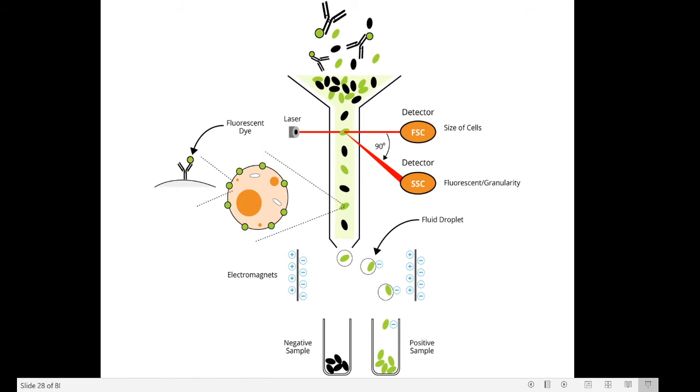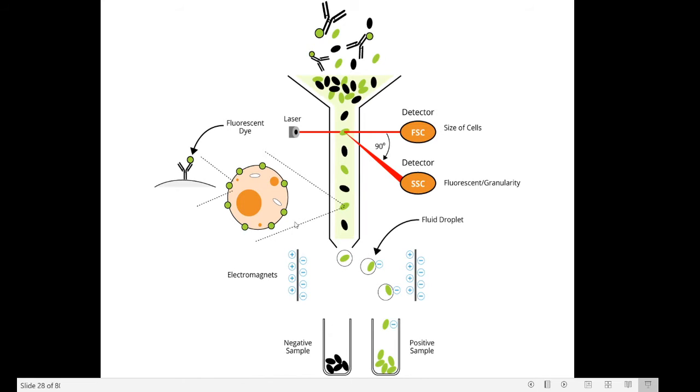The detector recognizes that fluorescent dye, then it moves down. In that step we have a positive and negative charge on the cell surface. If there is a fluorescent dye, it carries the charge. Based on the charge interaction we can separate the cells.